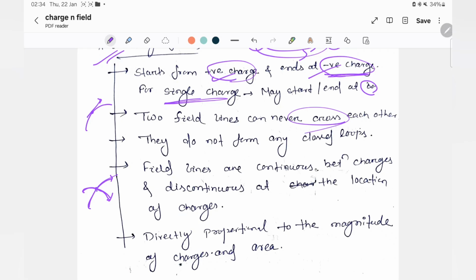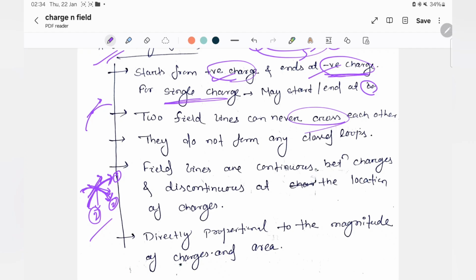This point is on one electric field line and also on the second. According to the second field line the direction will be towards this, and according to the first field line it will be like this. So one point cannot have two directions, that's why they never cross each other.